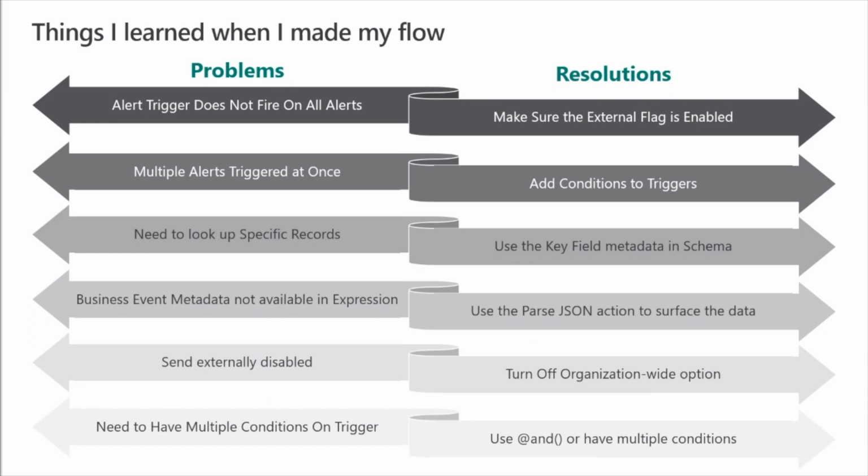So if you remember back, I used that parse JSON to find the key field, so I could go out and look up the record that I'm looking at. Now, the other thing related to that is event metadata for the alert trigger doesn't always pull through all the information, including the key fields. So the trick with that is to use that parse JSON to surface all of the data.